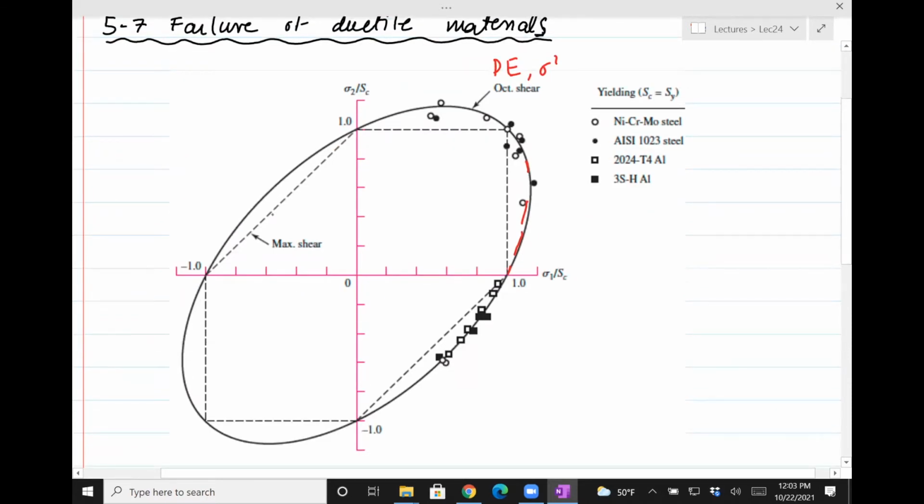Okay, and this one is our maximum shear stress theory, tau max. So only a few points actually lie on this curve, on the max shear stress line, but many do seem to lie on the distortion energy theory. Now, there are some points here you can see they're a little bit problematic because they just tell you that the material here fails much before it reaches this envelope, right?